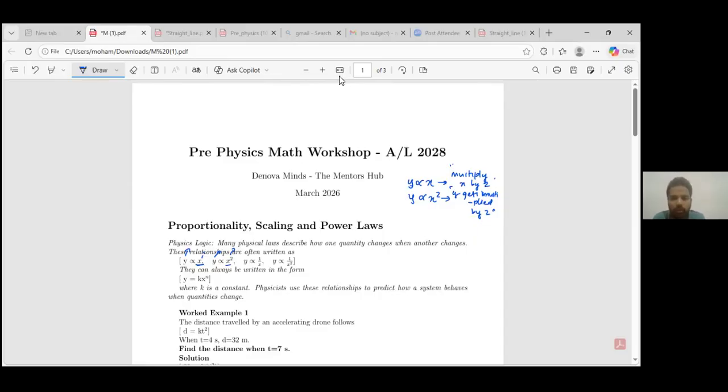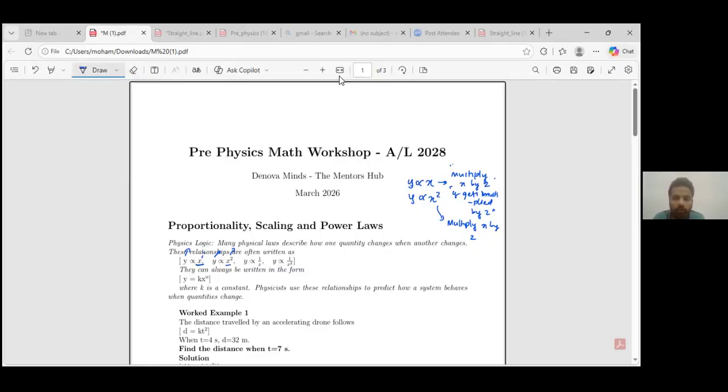But if you take y is proportional to x squared, that means when you multiply x by 2, what happens is y gets multiplied by not 2, but by the square of 2. Y gets multiplied by 2 squared.